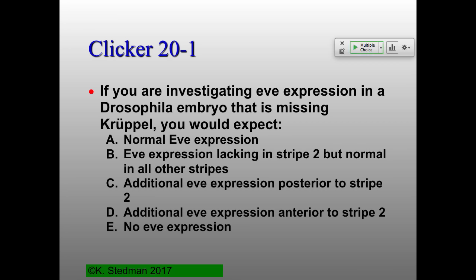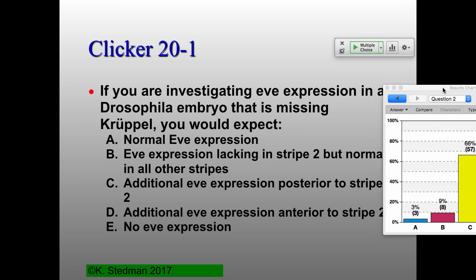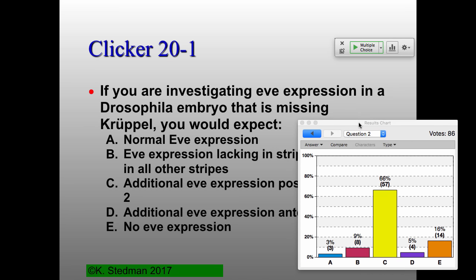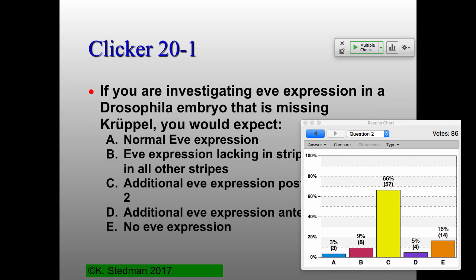We have a difference of opinion here. But for the most part, people got it right. Eve expression posterior. And why is that? Cripple is posterior, and there's still a little bit of those transcriptional activators there. And if you look at the graph of where they are.